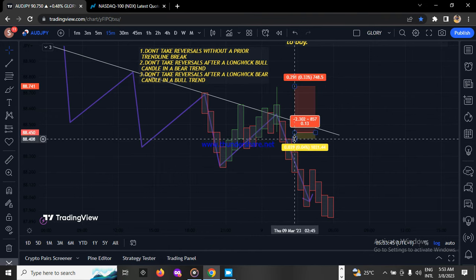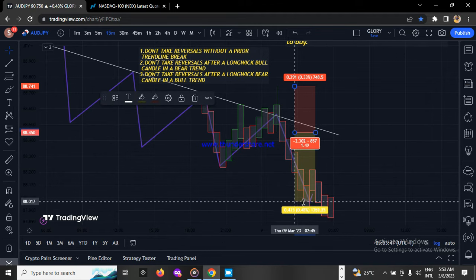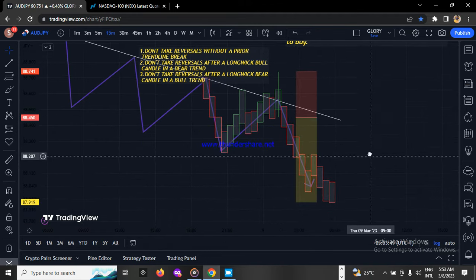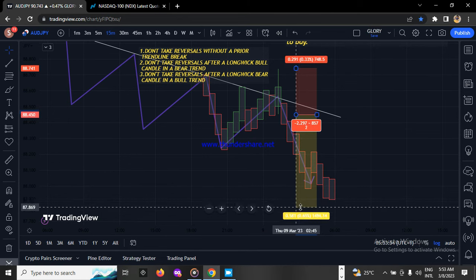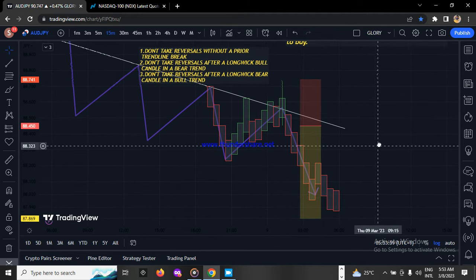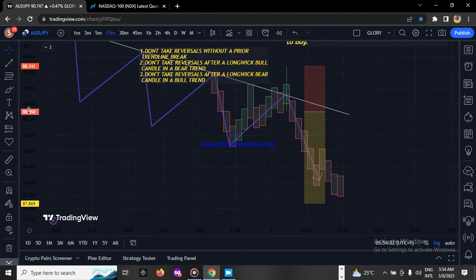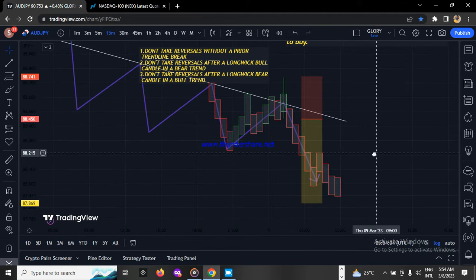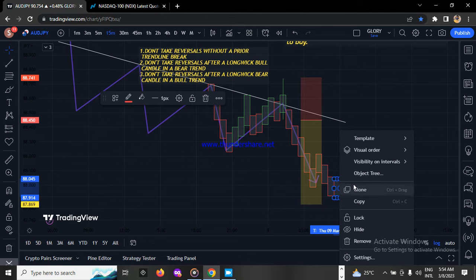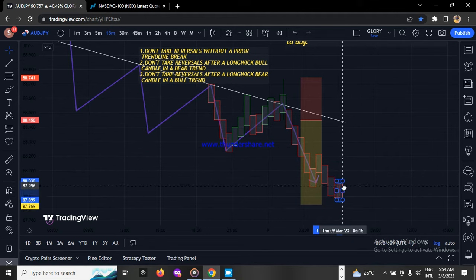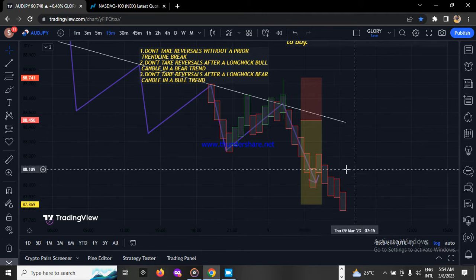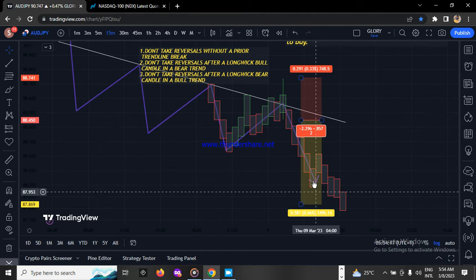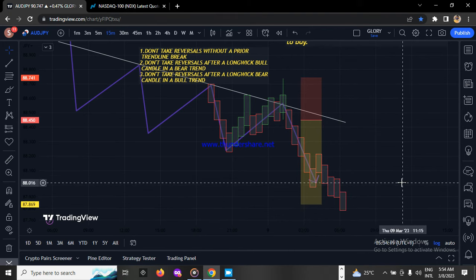Then you take profit 2 to 1 or you trail it, because I'm not a fan of trading 1 to 1. So your take profit should be 2 to 1 or you trail your profits.